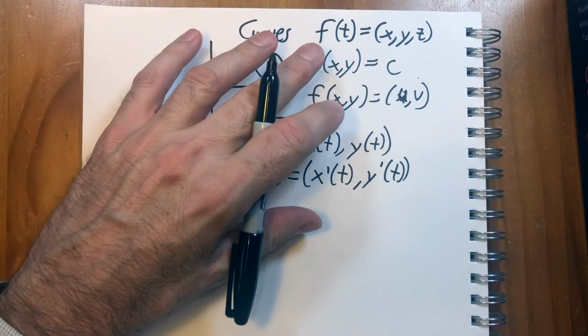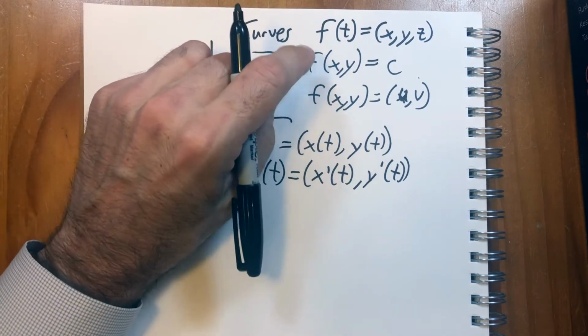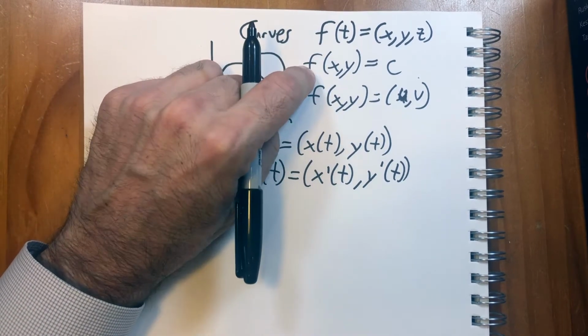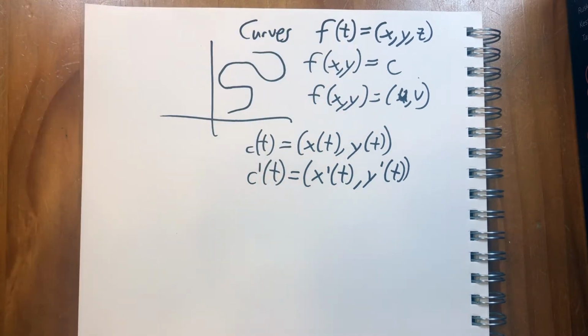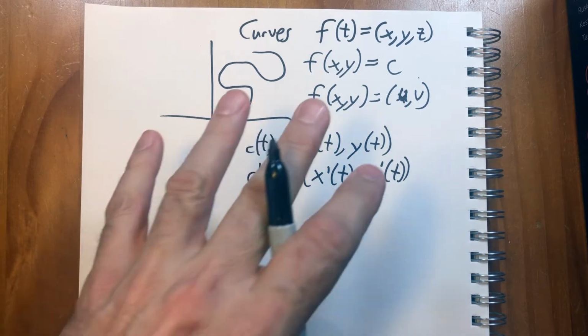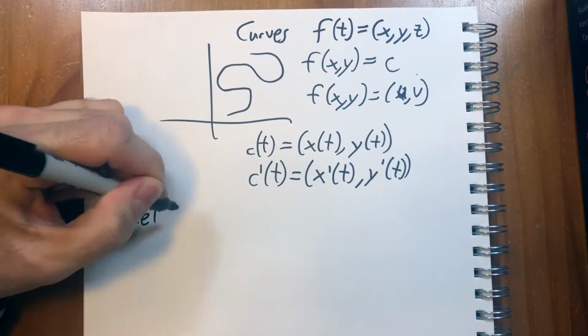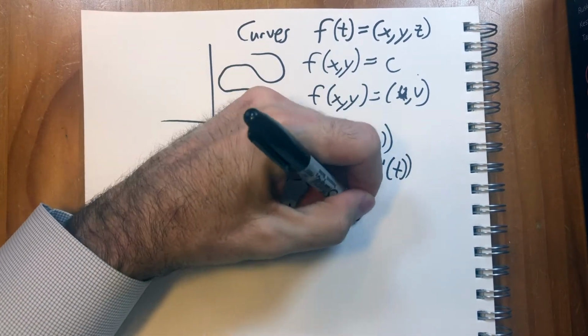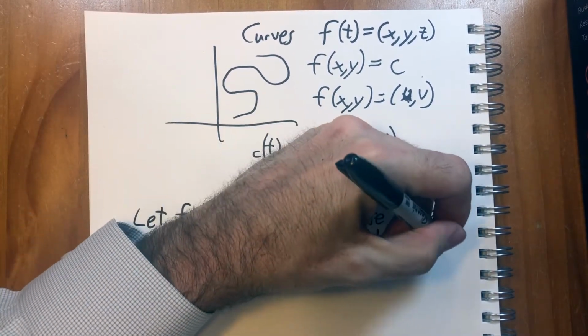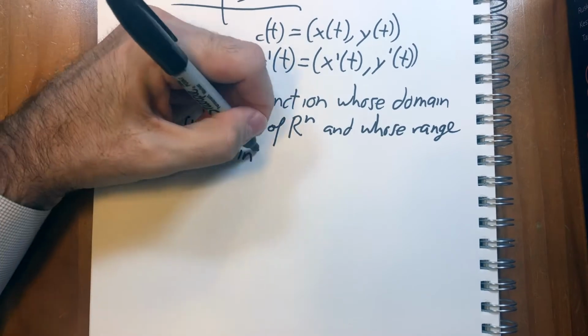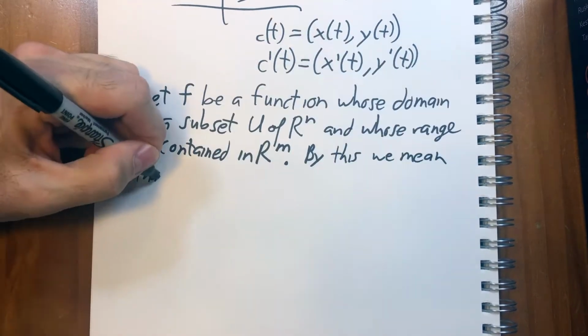So differentiation of surfaces actually also starts as an extension of one-dimensional calculus. But before we get there, we just need to take some time to examine surfaces in 3D. So we need to define these functions. Let f be a function whose domain is a subset U of R^n and whose range is contained in R^m.